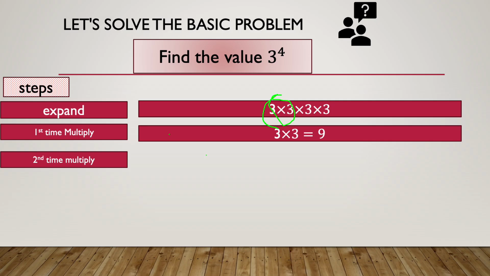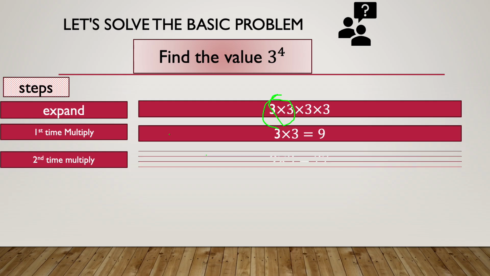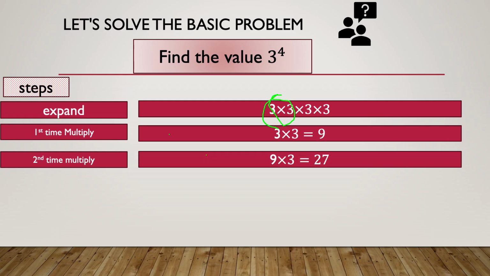The first section is 3 multiplied by 3 equals 9. Now I finished this part and I got the number 9. Then I multiply this number 9 by the next number 3, the second time.